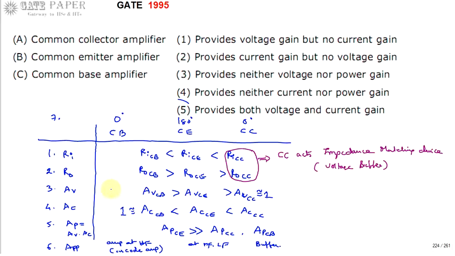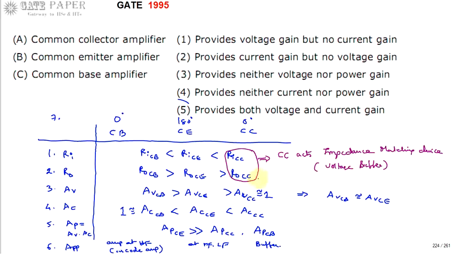And one more noticeable point is that the voltage gain of common base is approximately the same as the voltage gain of common emitter, though common emitter is slightly less, but you can ignore that and think of it as equal.